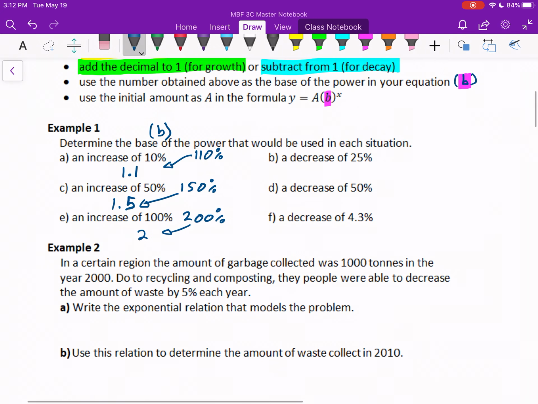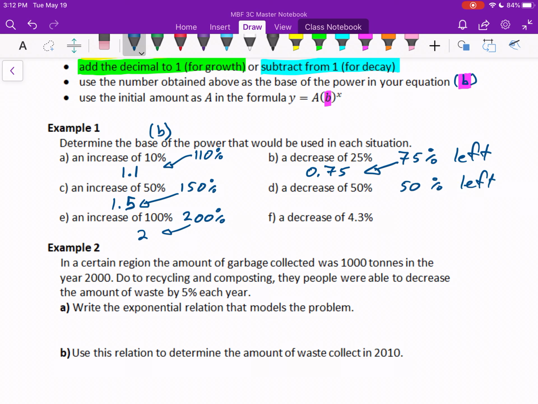If we're decreasing, now we're taking that away from 1. So if we decrease something by 25%, how much is left? Well, 75% is left. As a decimal, that's 0.75. If we take away 50% of something, well, 50% is left. 0.50, or just 0.5 is good enough.